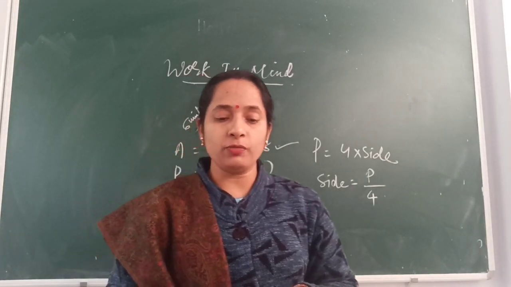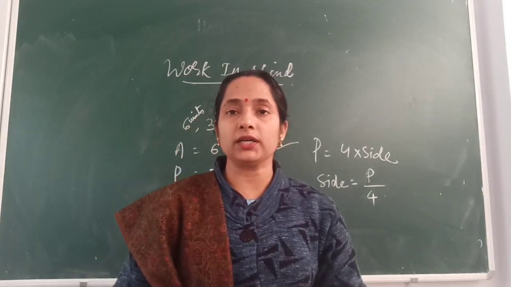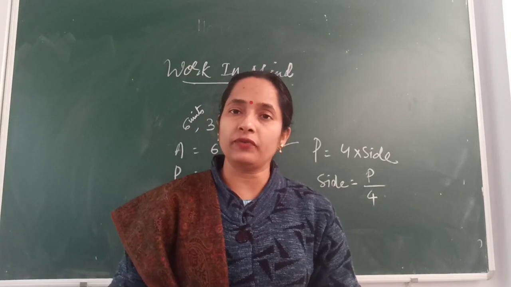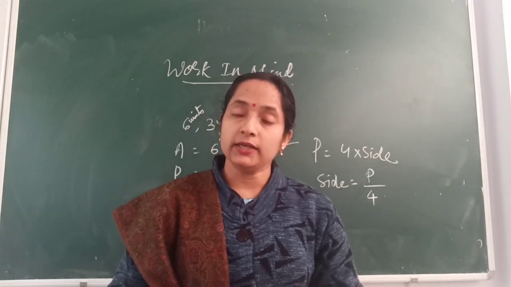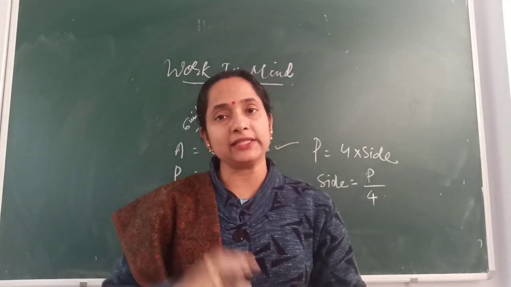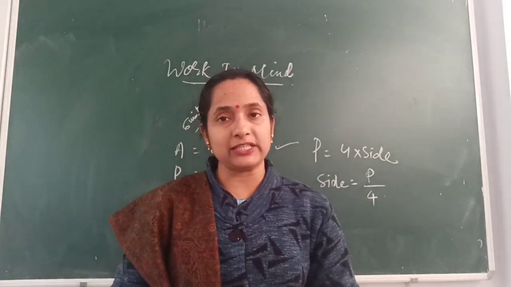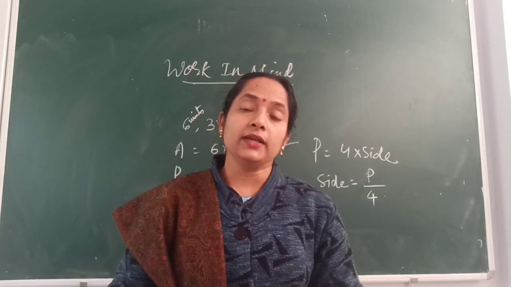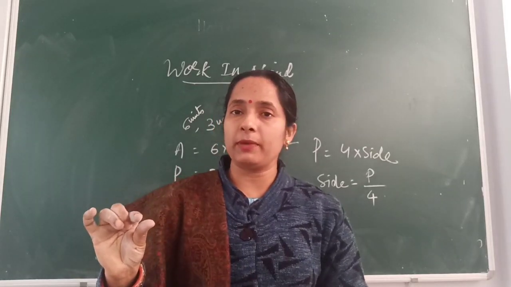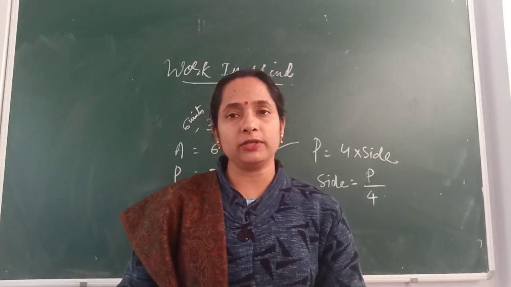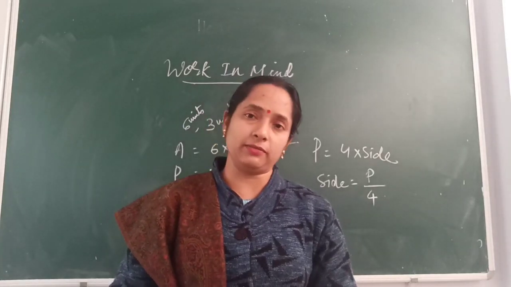Then, what is the volume of a cube of side 1 meter? Volume of a cube, how will you find it? Length into breadth into height. As we know, a cube has length, breadth and height all the same. Then 1 centimeter multiplied by 1 centimeter multiplied by 1 centimeter will give you 1 cubic centimeter.